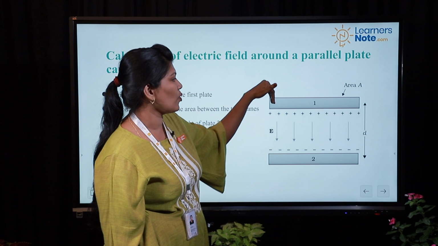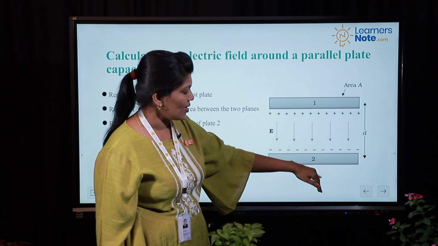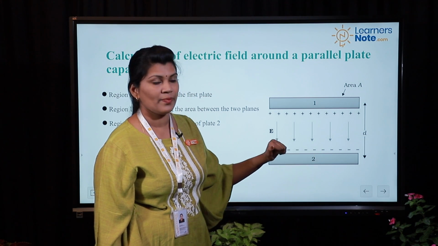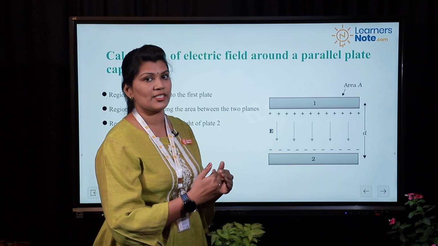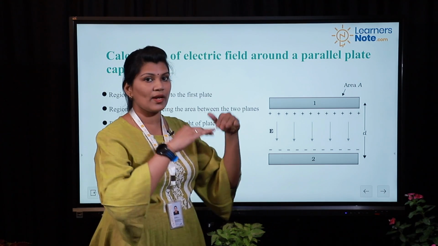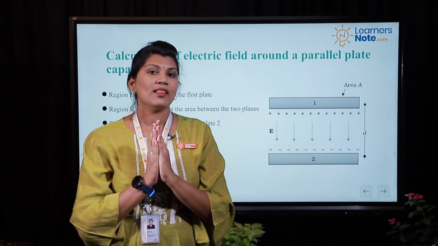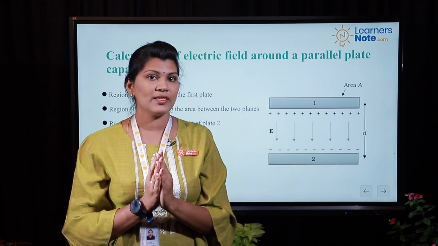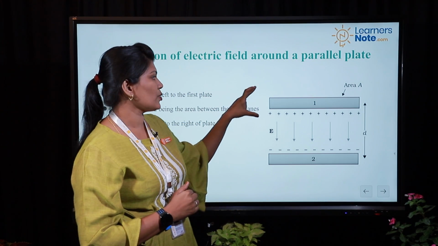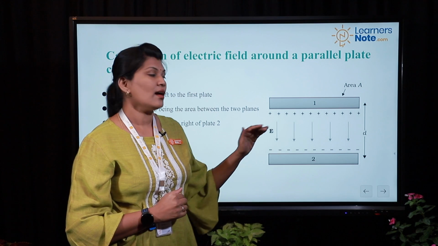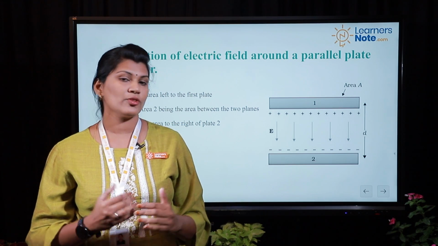The second portion is the right side of the second plate, where the field lines are in the inward direction. Combining these two, the directions are opposite, so the total electric field in region 1 and similarly in region 3 will be equal to 0. Both of them will be cancelled.